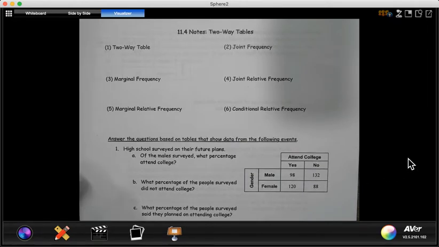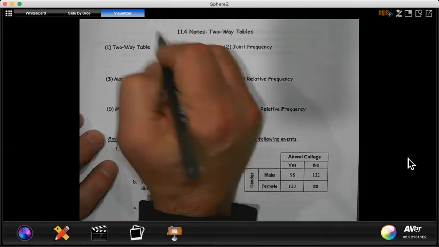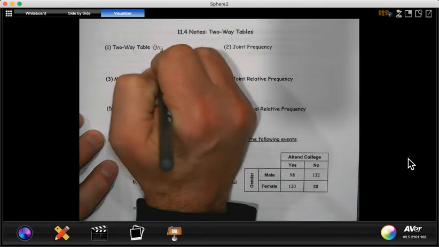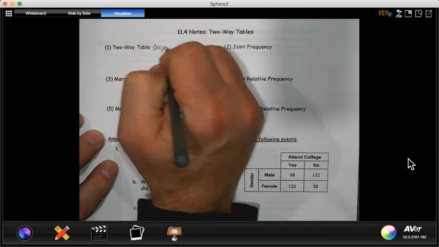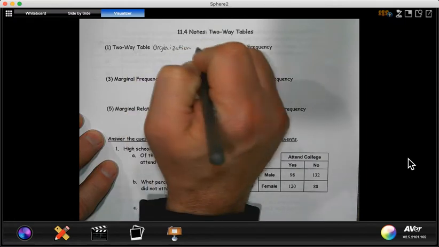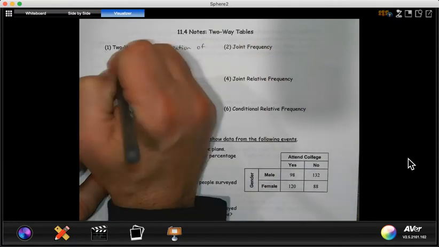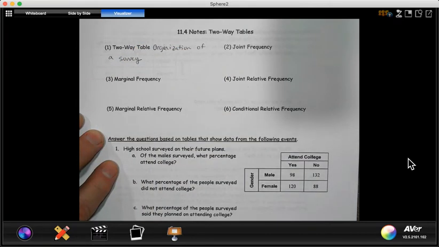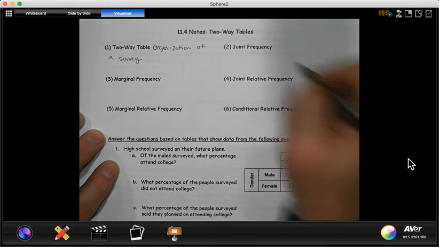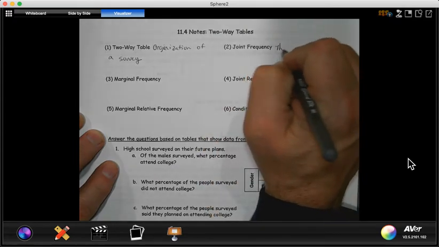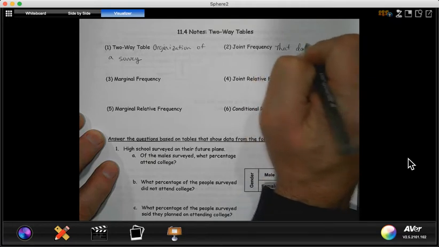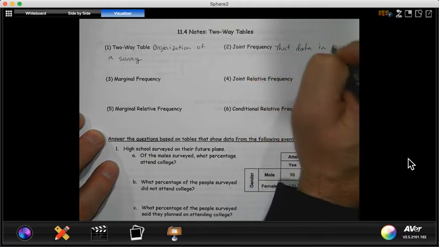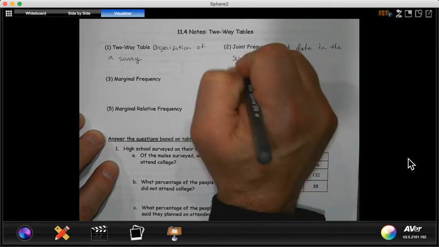So a two-way table is just an organization of a survey. The joint frequency, that's basically the data in the survey.